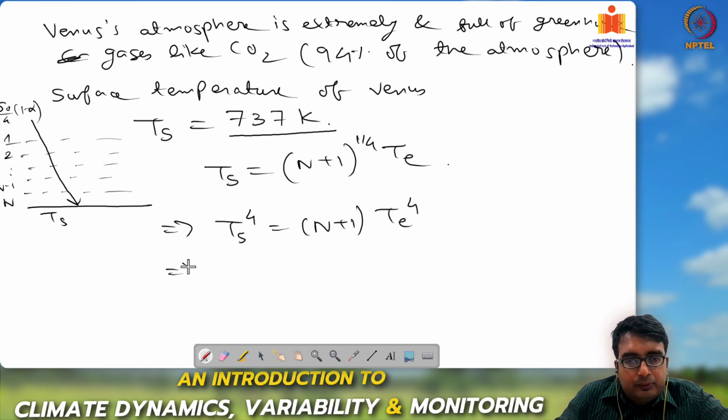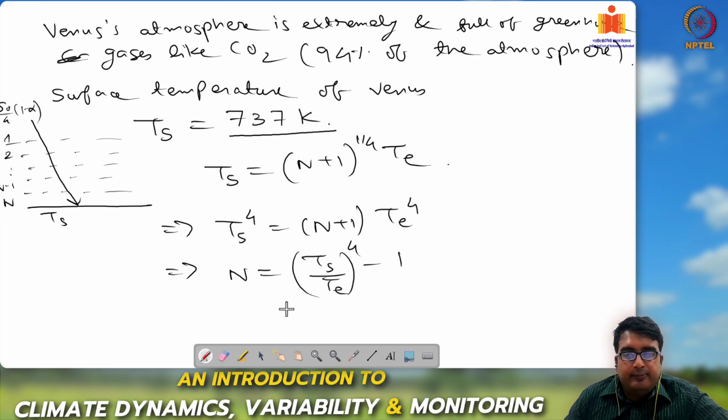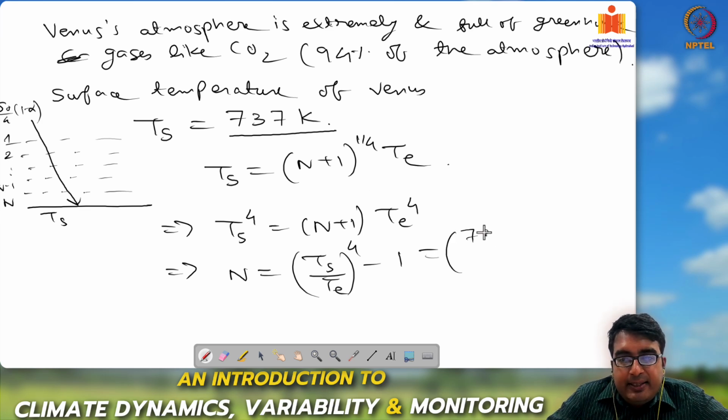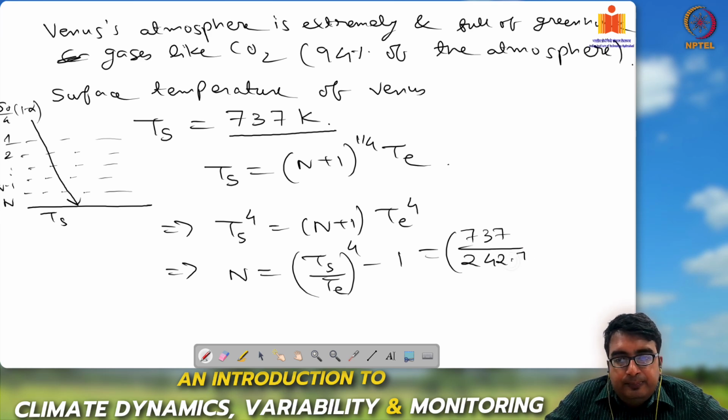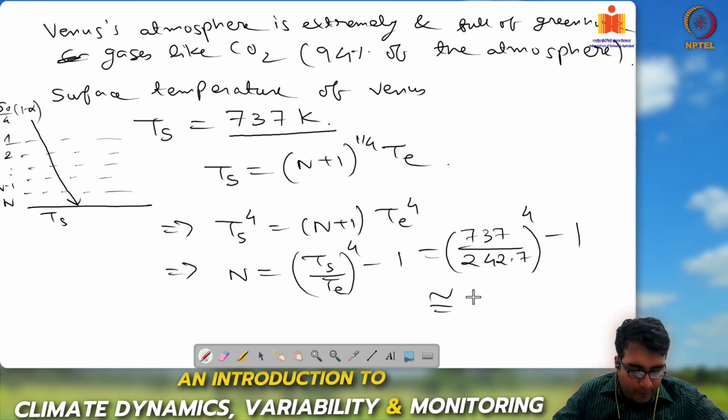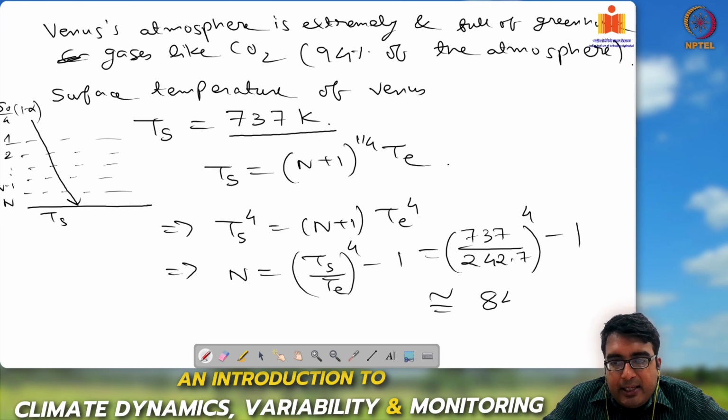This implies n, the number of atmospheric layers, is Ts by Te to the power 4 minus 1. And how much is this? Ts is 737 Kelvins, Te is 242.7 Kelvins, minus 1, which approximately gives you 84.